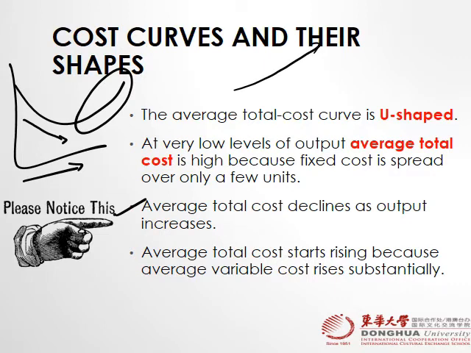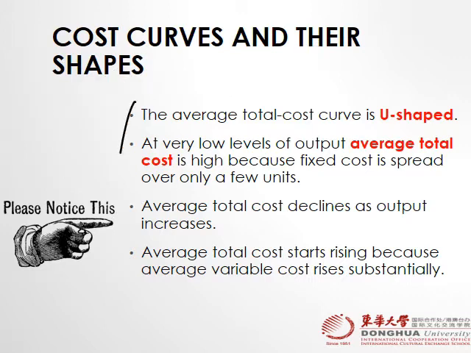And what is the reason? The other half of the U curve, because average variable cost starts rising, right? So look at your graph and see whether it is true or not. If you're still feeling some kind of difficulty, please write to us in our WeChat group. We'll discuss further.